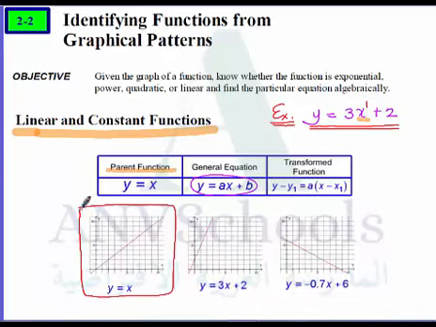Later on I will show you how to graph the most basic function. The general equation of a linear function is defined as y is equal to ax plus b.